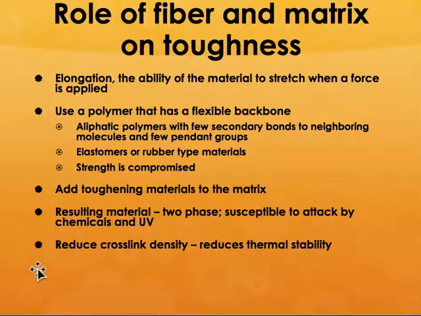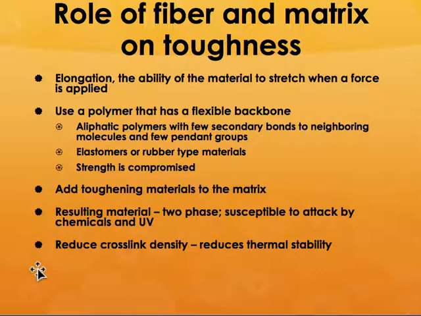So, what is the role of the fiber and the matrix on toughness? And why does delamination happen? It's because most of the time the matrix as well as the fibers do not have the same kind of ability to withstand elongation when a force is applied.